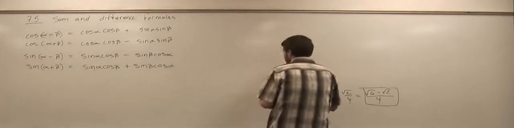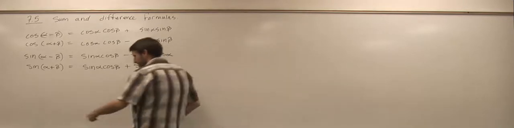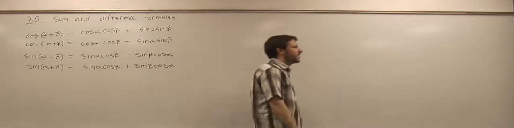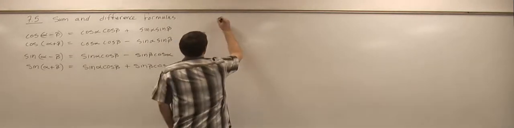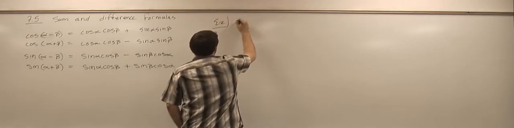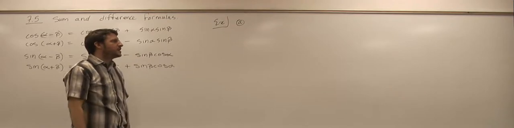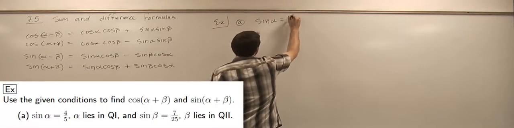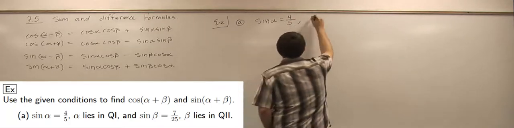All right, let's try something a little more abstract. Use the given conditions to find cosine alpha plus beta and sine alpha plus beta. We'll do one. So I give you sine of alpha equals 4/5, and I tell you alpha lies in quadrant 1.